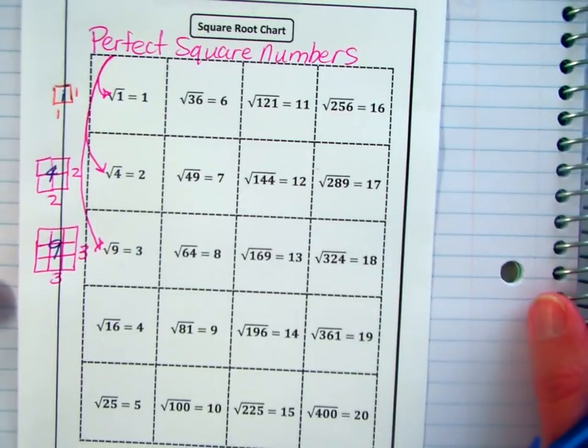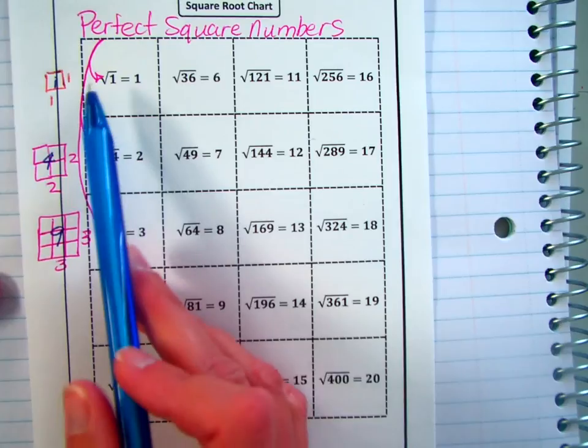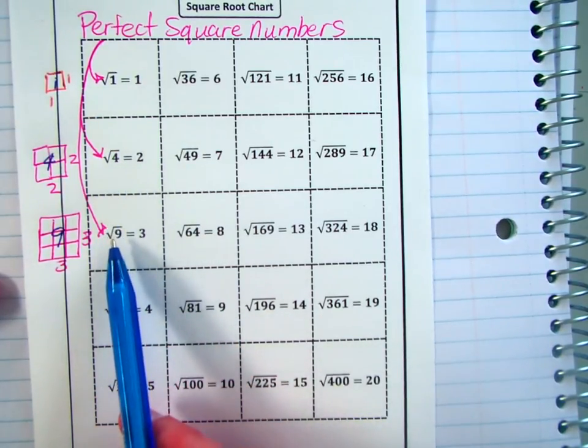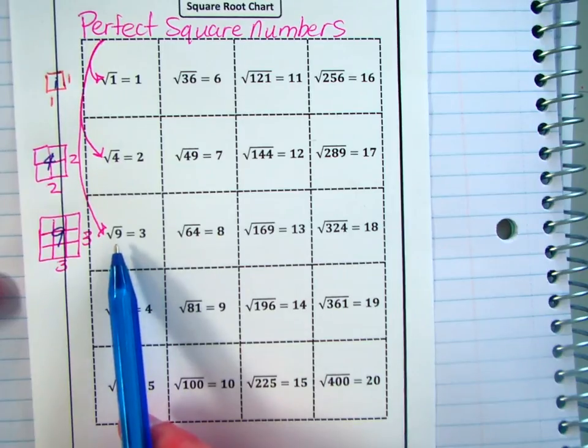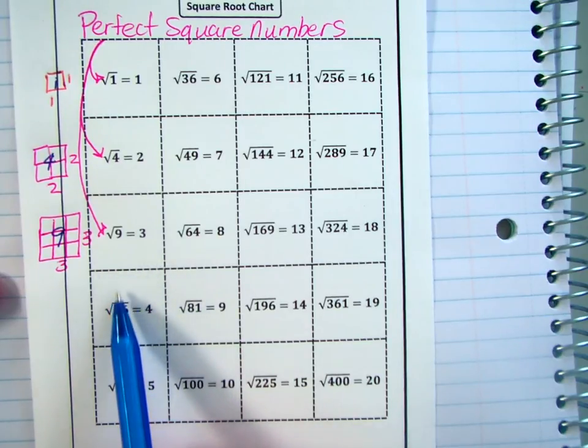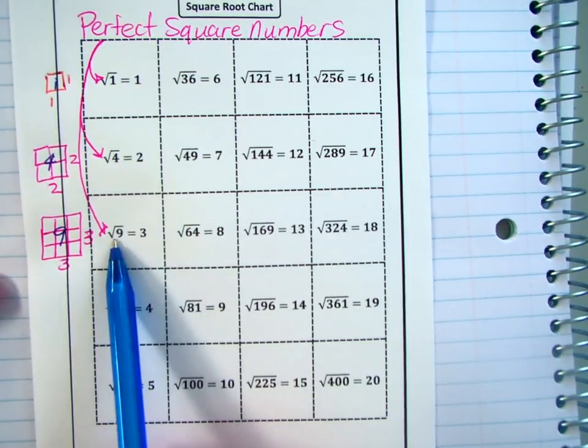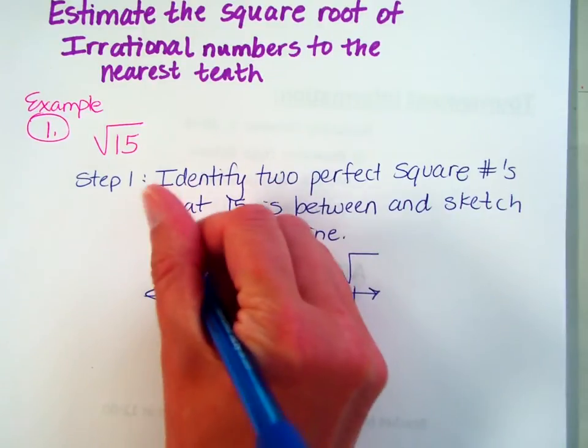So if you keep going down, square root of 15 is going to fall, what? It's going to be bigger than the square root of 9, but smaller than the square root of 16. So we're going to use that square root of 9 and square root of 16 for our range there on our number line.